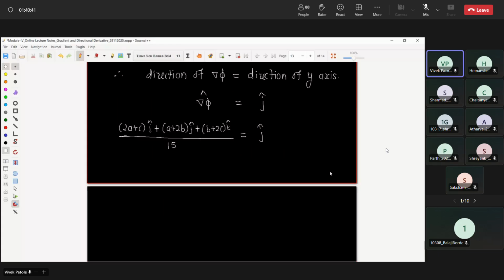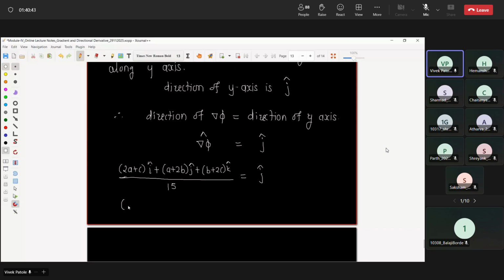Everyone understood? Now, we have to simplify it further. So 2a plus c i cap plus a plus 2b j cap plus b plus 2c k cap is equal to 15 j cap. I am simplifying this expression.